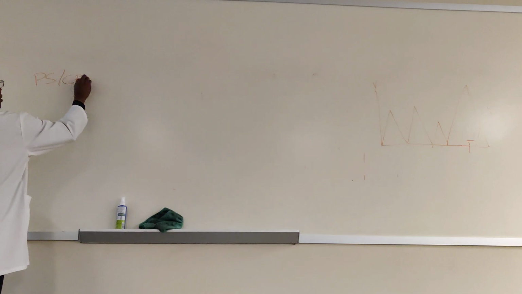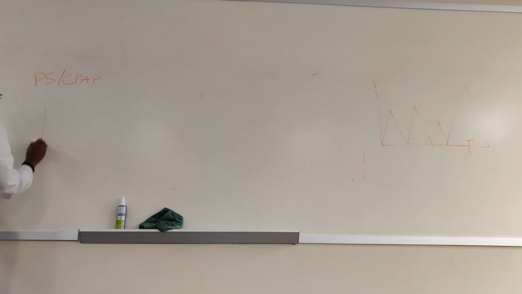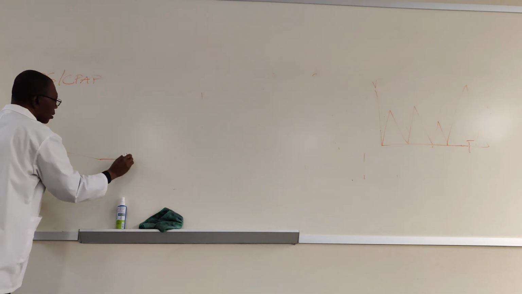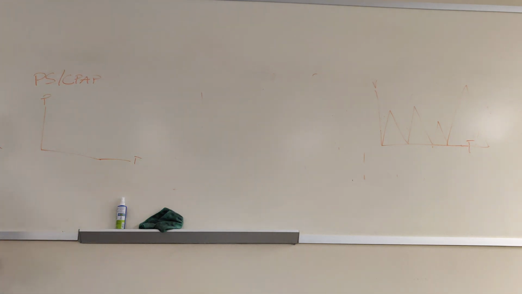Okay? And then finally we have pressure support. Pressure support is the one that says PS as CPAP. So pressure time curve for that. Okay, so we're setting pressure, okay?